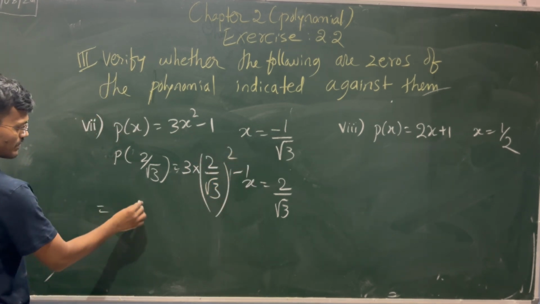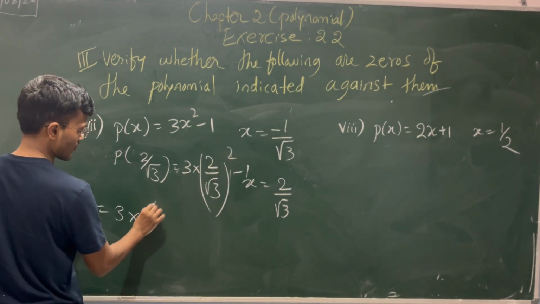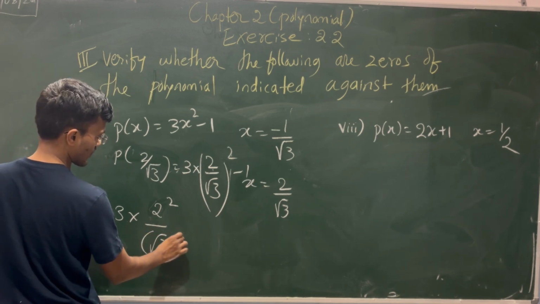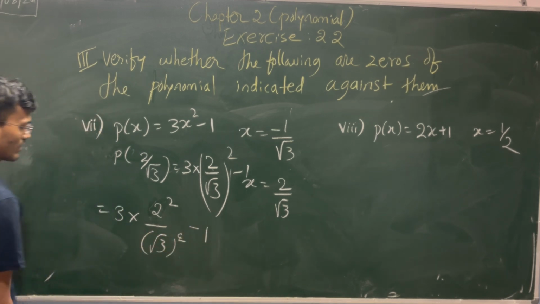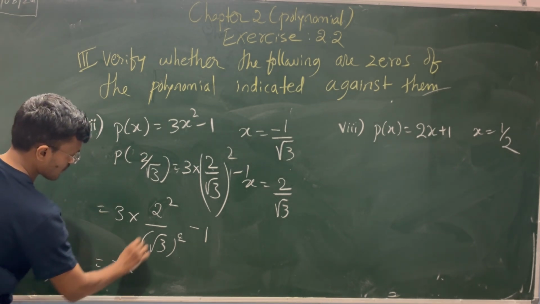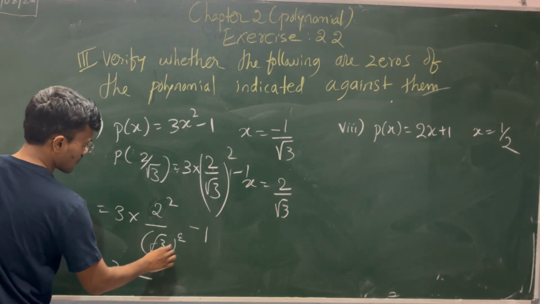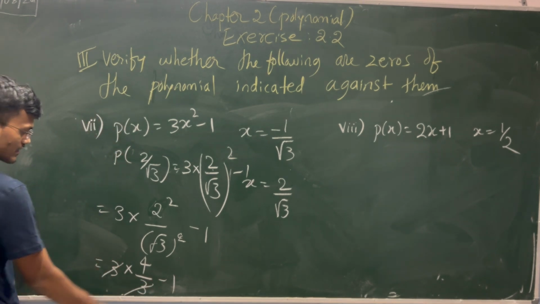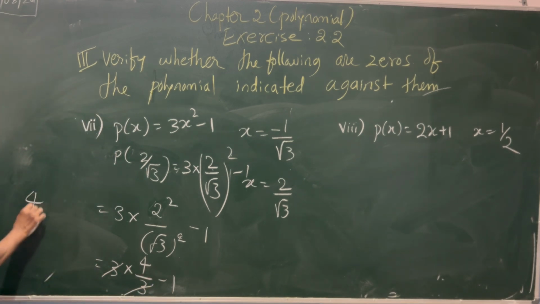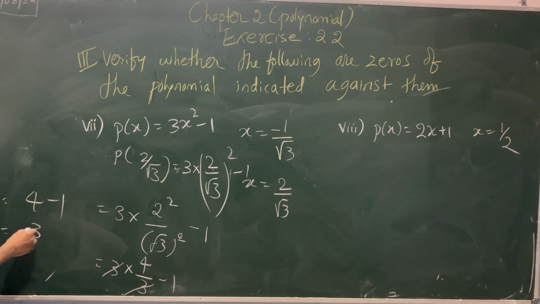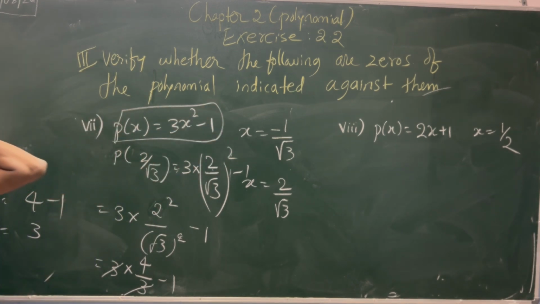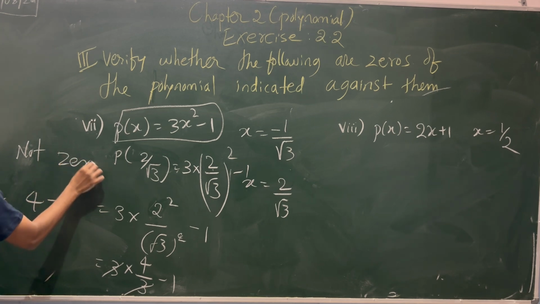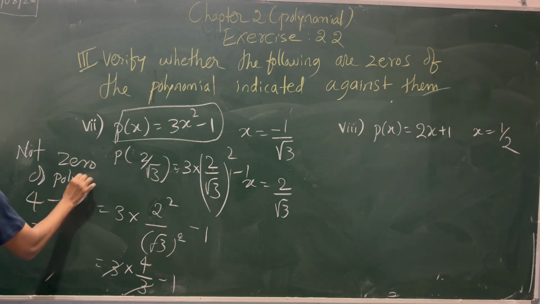So now 3 into 2 square by 3 whole square minus 1. So now 3 into 4 by 3, minus 1. So 3 and 3 cancel, 4 minus 1, here the answer is 3. So this is not a zero of the polynomial.